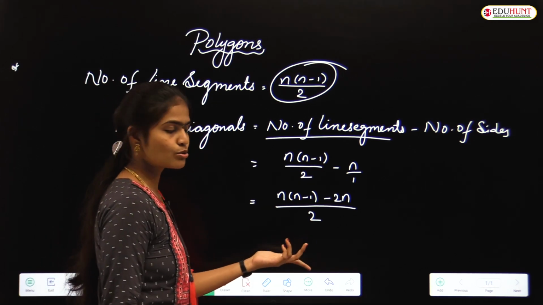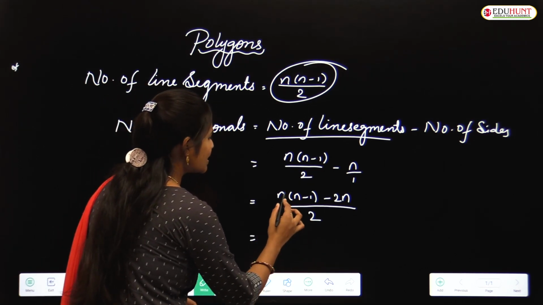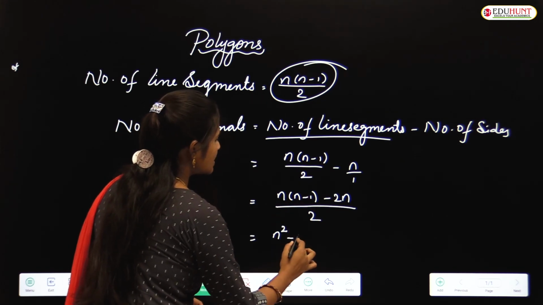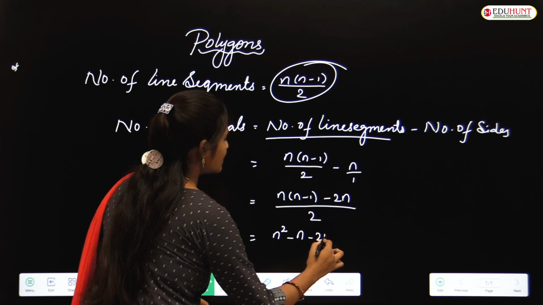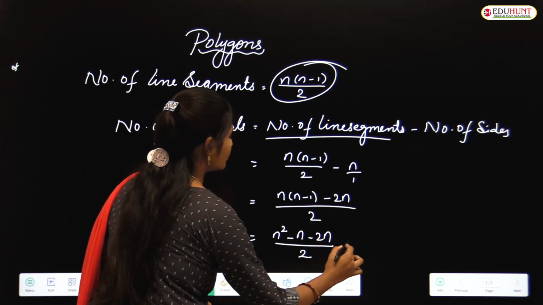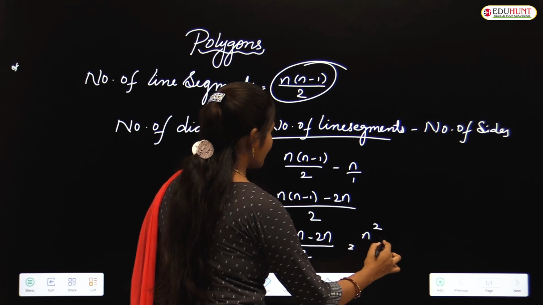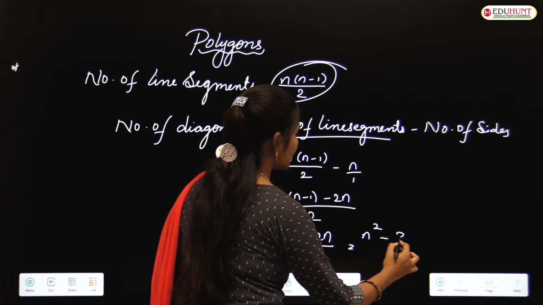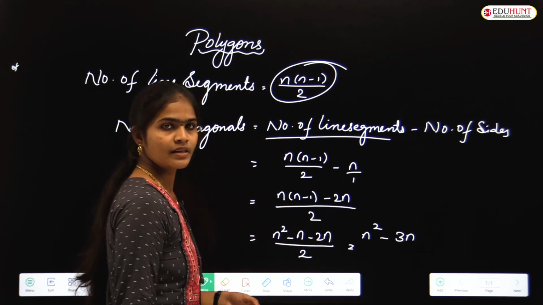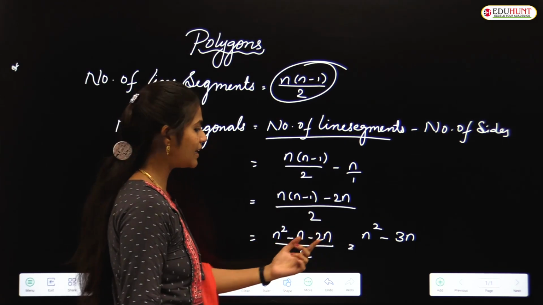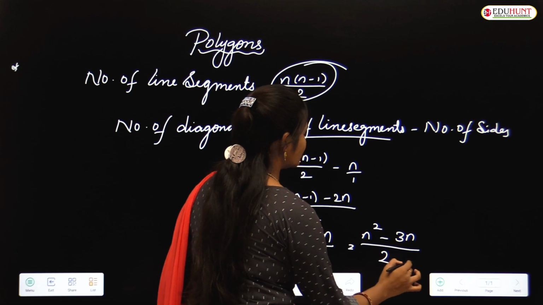Why? Because the LCM is 2 here. n into n is n square, n into 1 is n, so n square minus n minus 2n whole by 2. So n square minus n minus 2n, that is nothing but minus 3n, whole by 2.